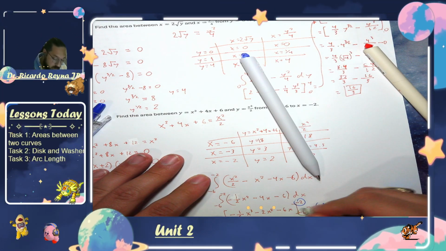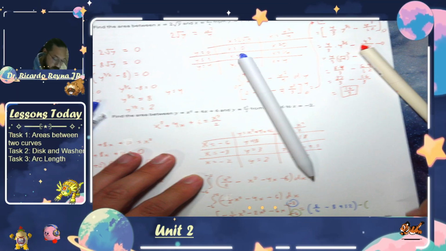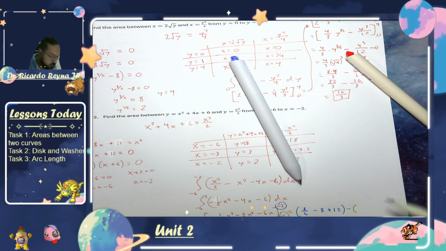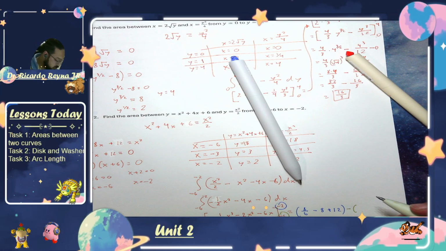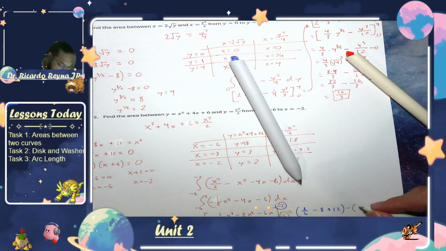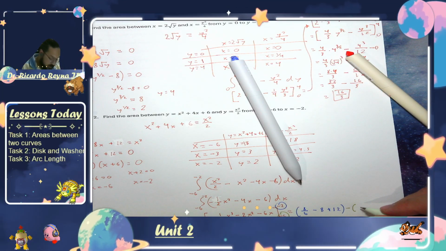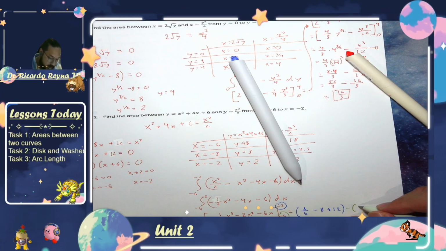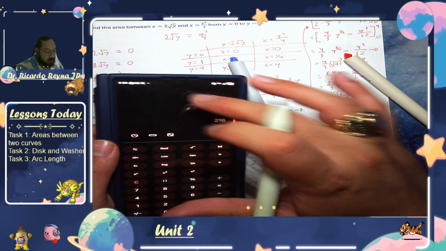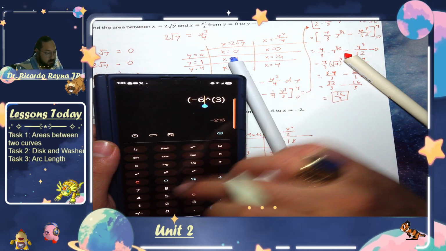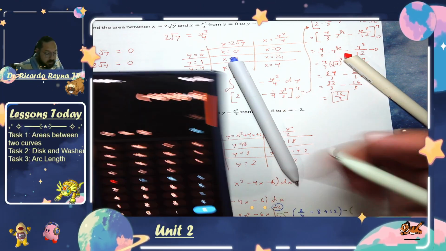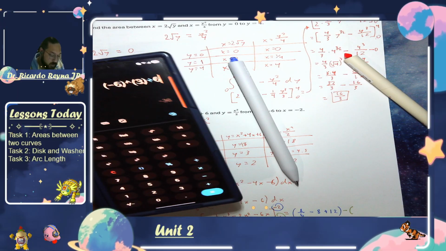Then over here for the -6 for subtracting, we have -6 to the power of 3, which is negative 216. Oh, I forgot the negative, but it's still the same thing. Divided by 6, and then the whole thing with that negative in the front.